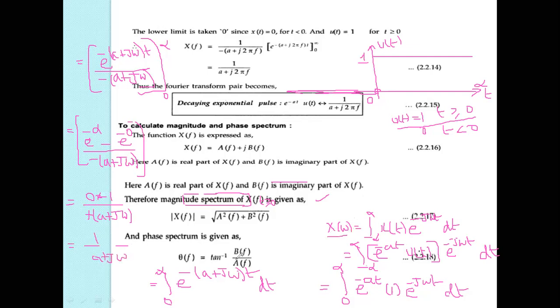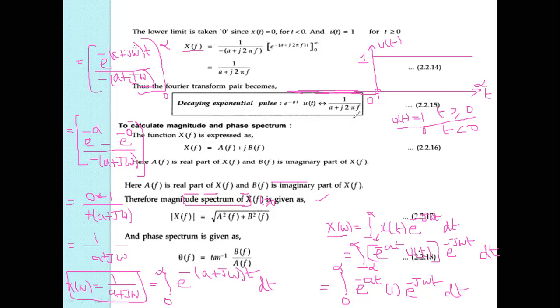So X of omega is equal to 1 by a plus j omega, the Fourier transformation of e power minus at u of t. But here they are showing X of f in the normal frequency.